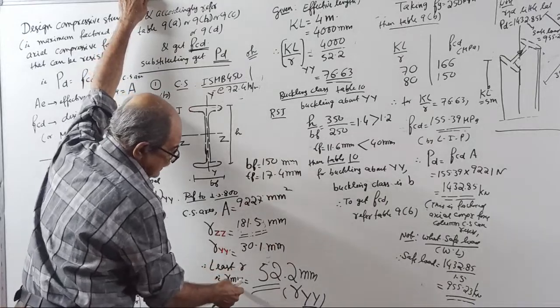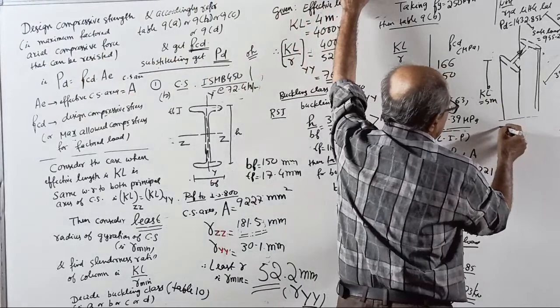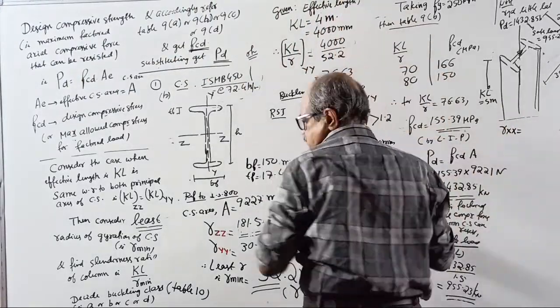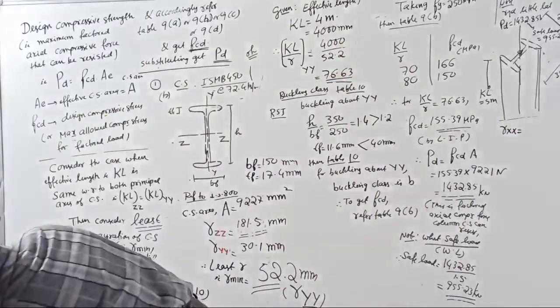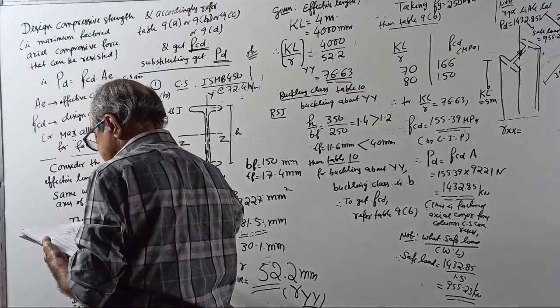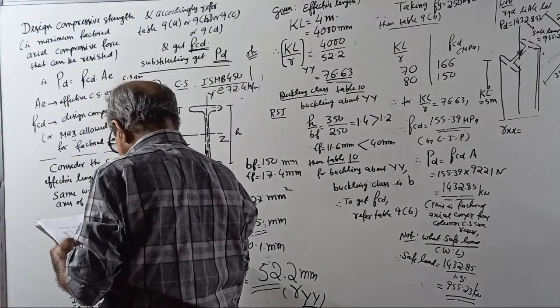Therefore, the least, remember now, last time for this cross section, your RXX was ISHB 350 at 72.4 kilogram per meter.